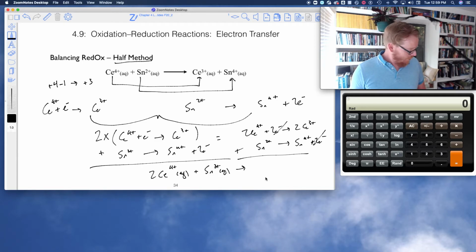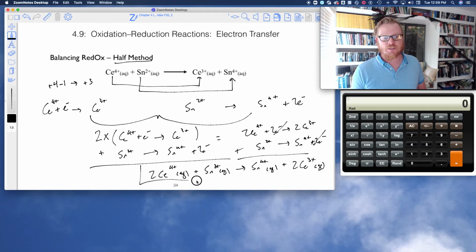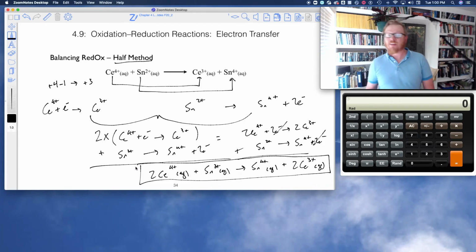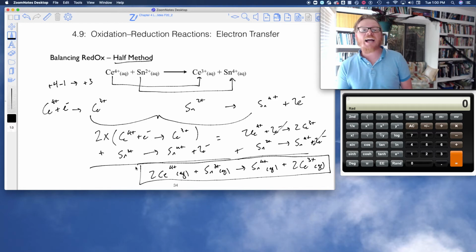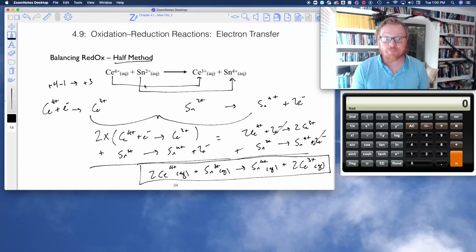And we wouldn't have gotten that because we didn't really know what these oxidation states or charges were before. But now we recognize that because the charges and the electrons have to be balanced, we actually needed to have a 2 in front of that to make it work.